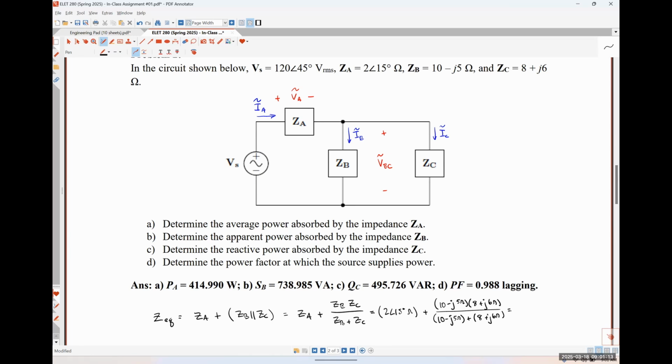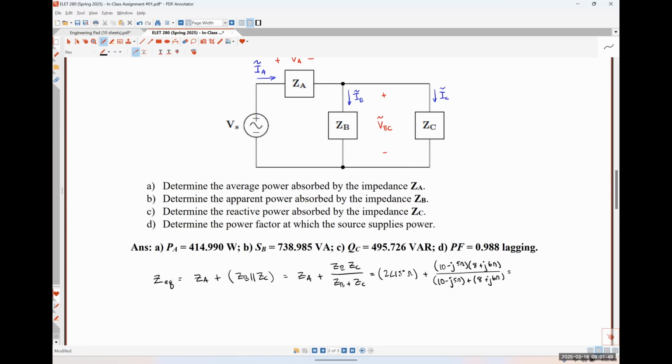So putting in 2 angle 15 plus 10 minus 5 I times 8 plus 6 I over 10 minus 5 I plus 8 plus 6 I. Excuse me.